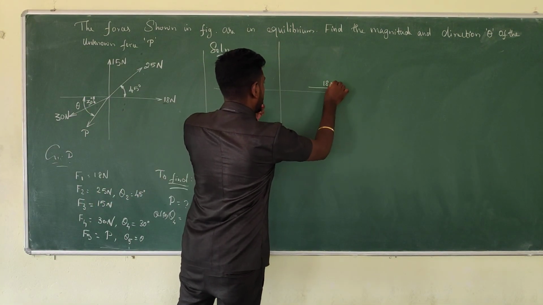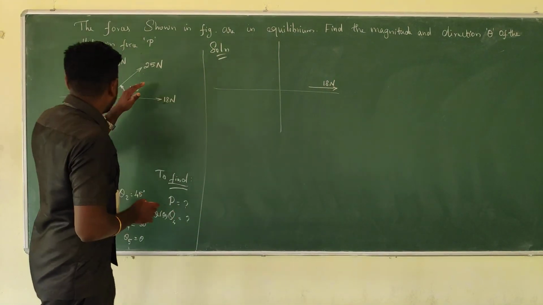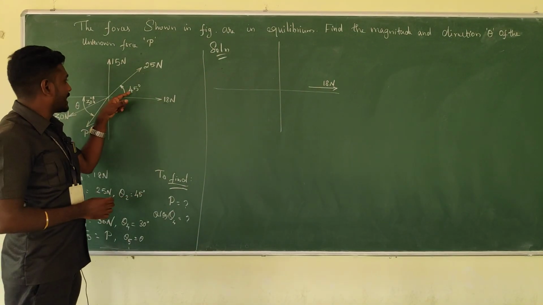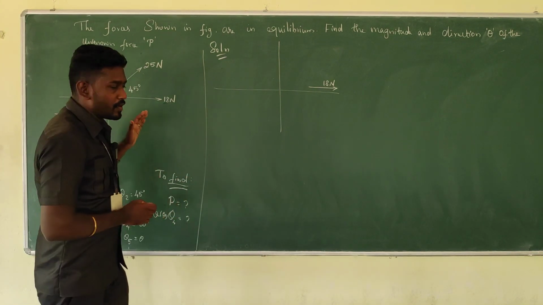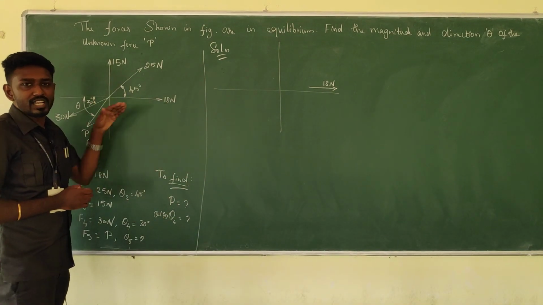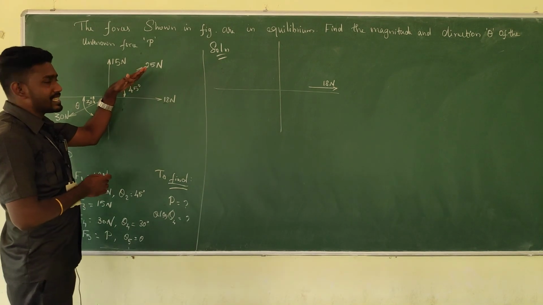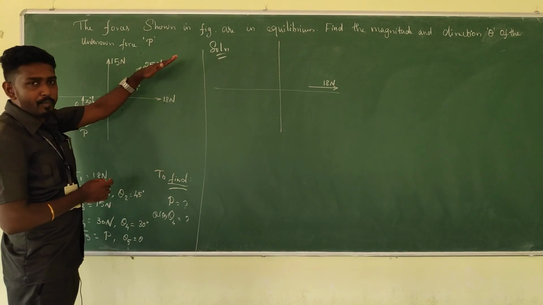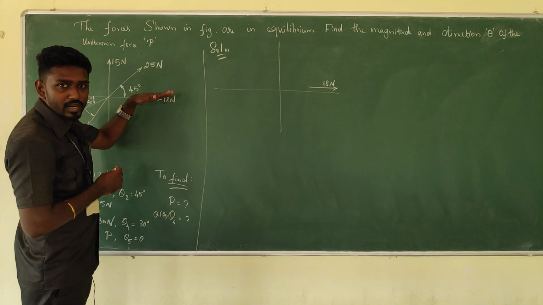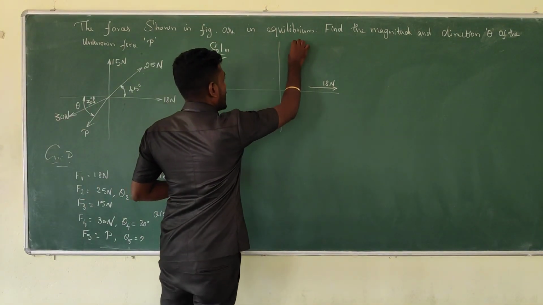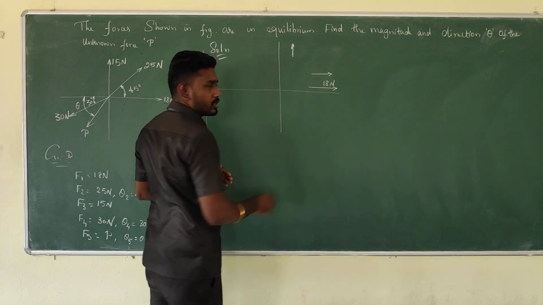Then here 25 Newton is inclined at 45 degrees. If any force is inclined, then it is partially vertical and partially horizontal. Since this force is directed upward like this, it is moving vertically up and horizontally right.